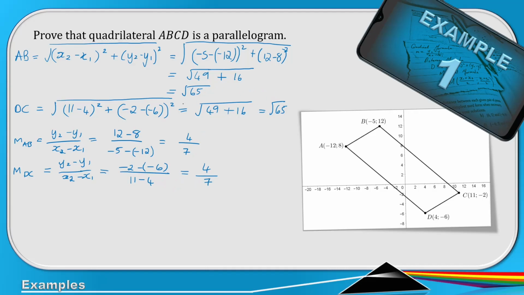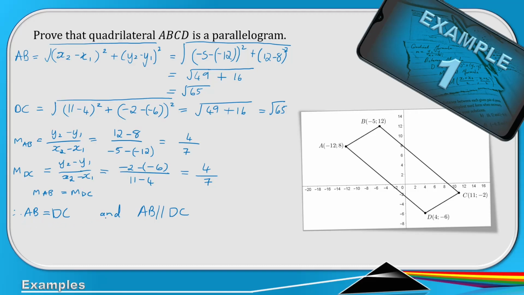Now, from this, we can see that the gradient of AB is equal to the gradient of DC. Okay, we can therefore conclude from this that AB is equal to DC, with our distances, and from this we can say that AB is also parallel to DC. And therefore, we can just state the proof that we've just done.